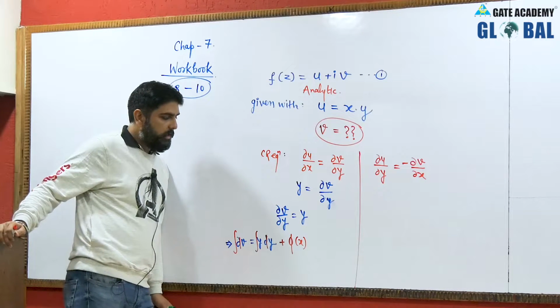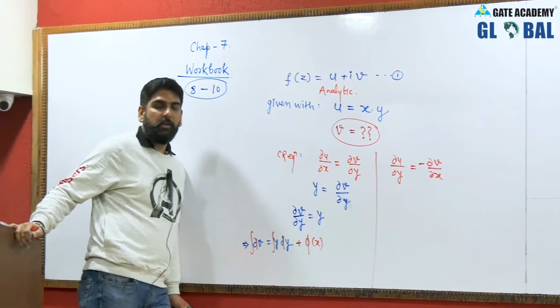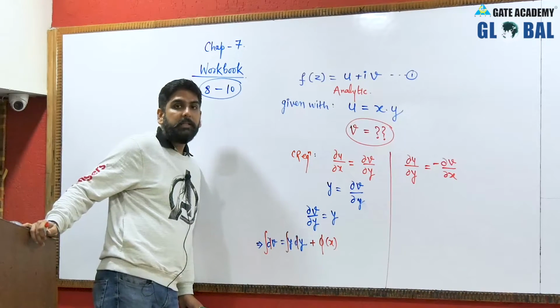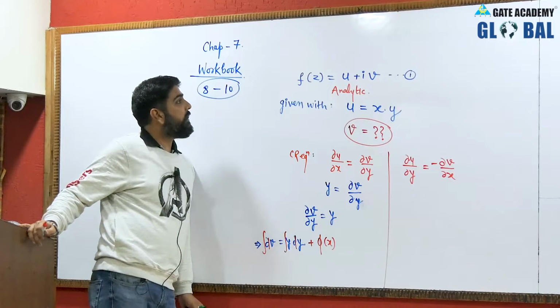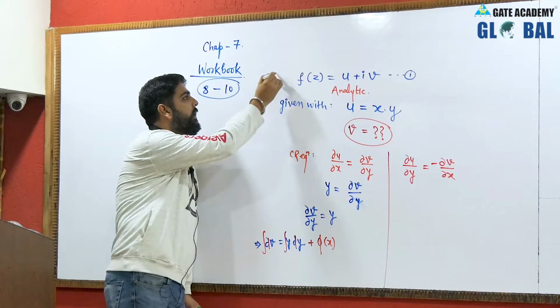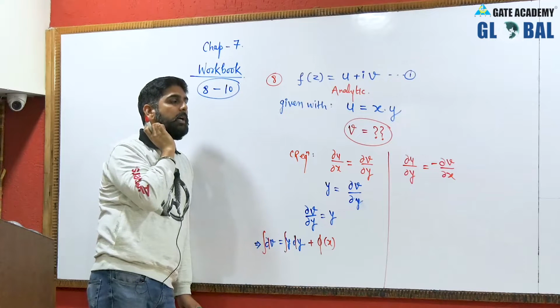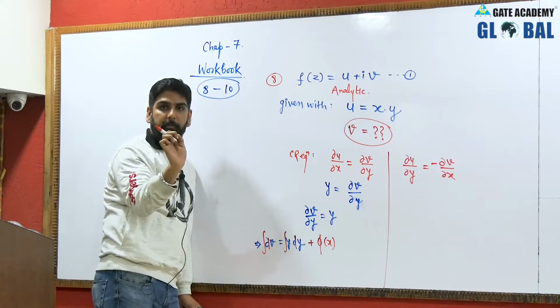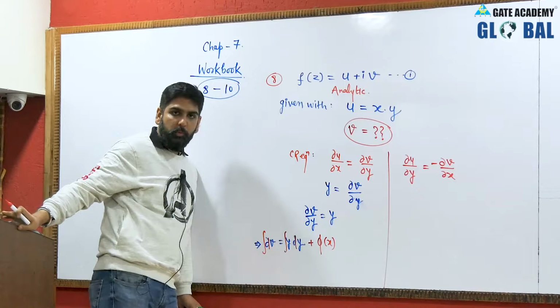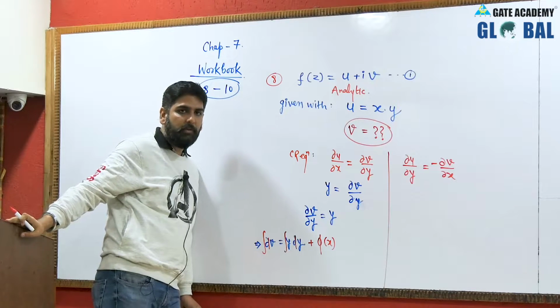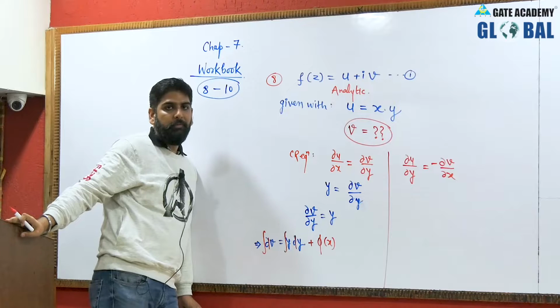Please read question number 8: f(z) is u(x,y) plus i v(x,y). So v is a function of x and y both.